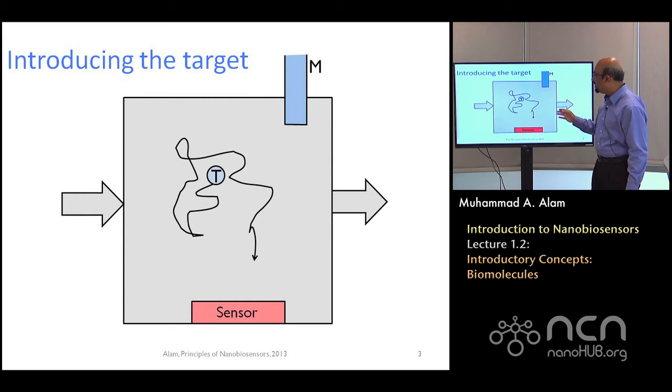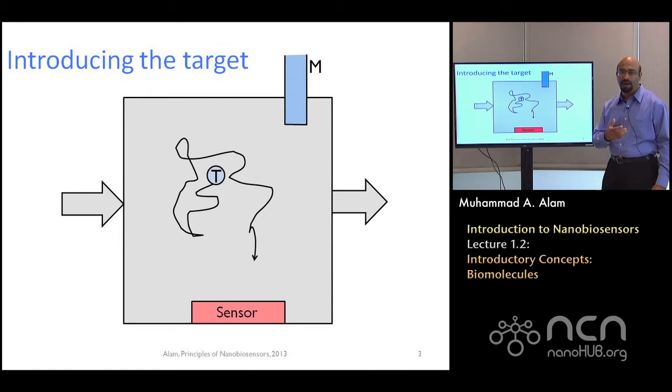For example, this box is a conceptual box. It could be a beaker. You could be putting a sensor on the bottom of a beaker, or it could be a small droplet of water. For example, a teaspoonful of seawater may contain millions of these target molecules, or it could be a droplet of blood.